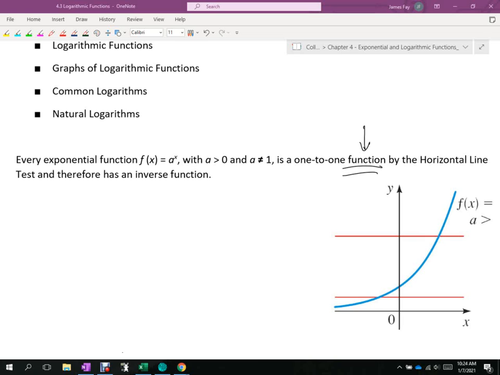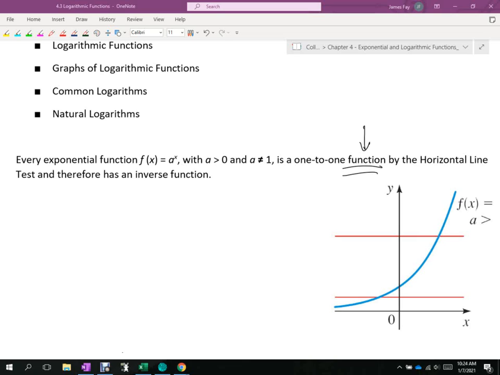We talked about that previously. Because of that, they are going to pass the horizontal line test, and that allows them to be classified as one-to-one functions.